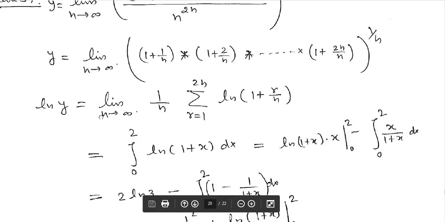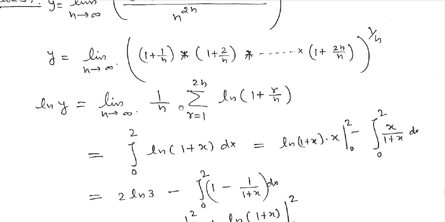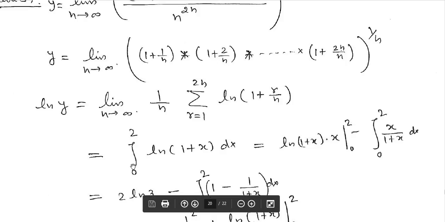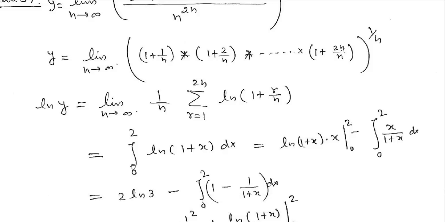So this is becoming like this, and this is the Leibniz, and this is the conversion of summation into integral form, the Riemann integral, or okay, the Riemann sum.